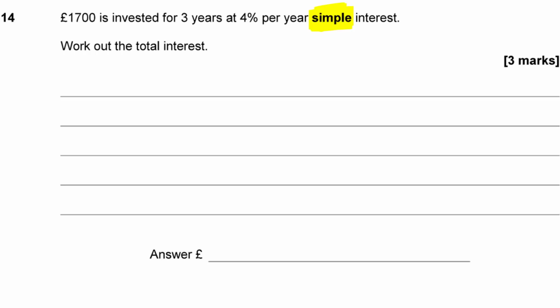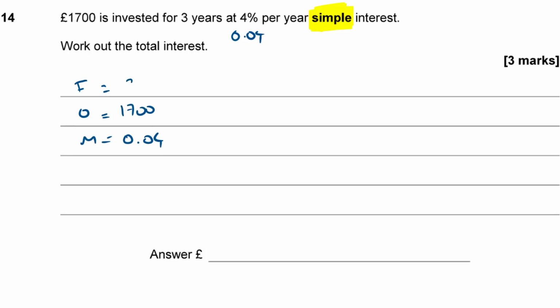So what is 4% of 1,700? 4% as a multiplier is 0.04. So final, original, multiplier. These are the 3 values we need to know. We know this is 0.04, that's the interest rate. The original amount is 1,700.